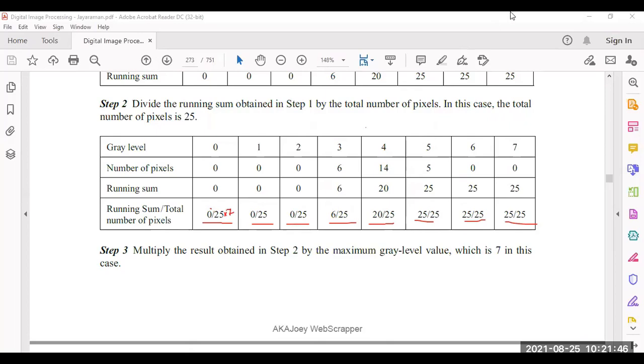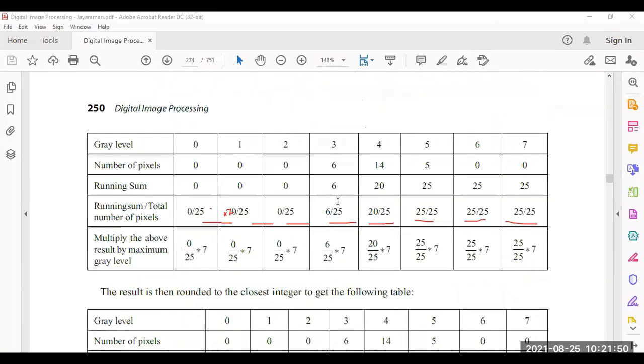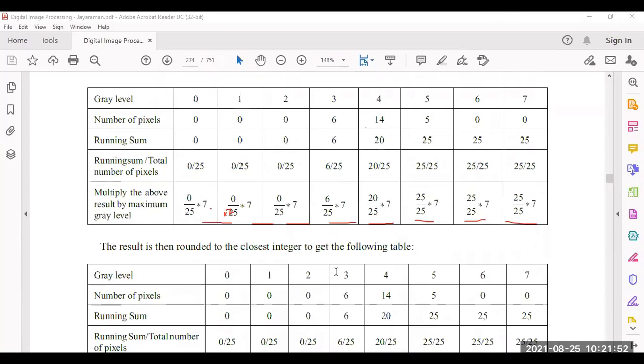Step number 3. So I will multiply all the above. First we calculate step number 1, the running sum.